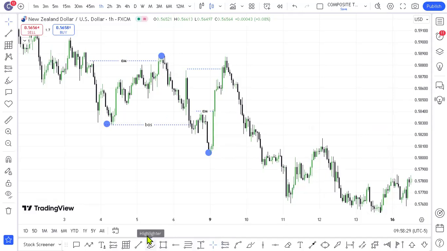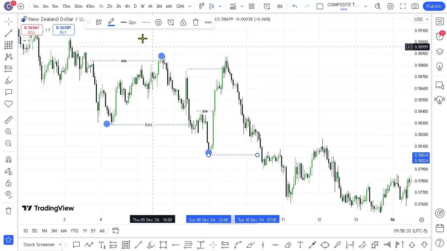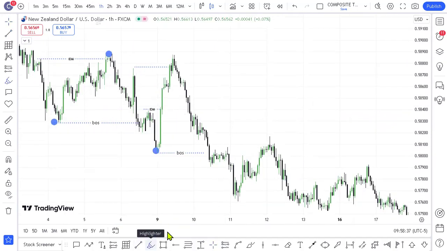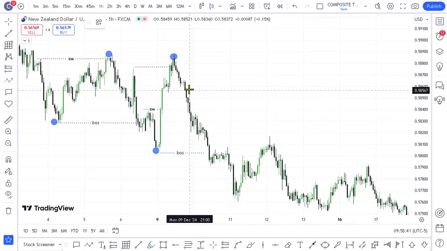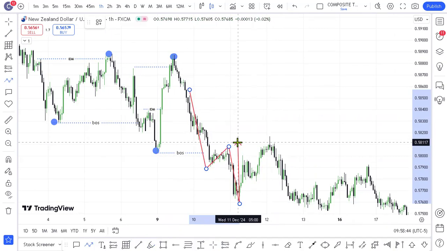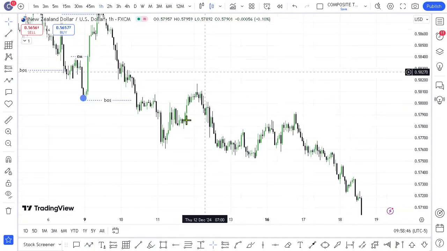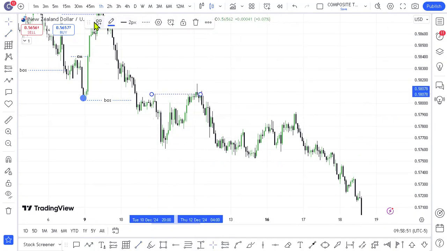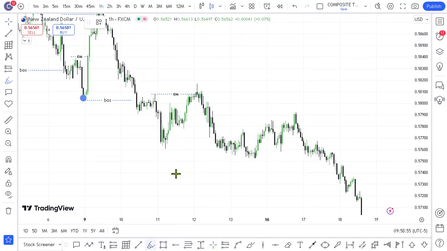Now we have a new breakout structure here. Then our protected high is here. Again, we see here, our inducement is here, taken out. There, our inducement is here, taken out. Then we have this lower low.